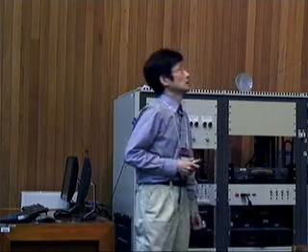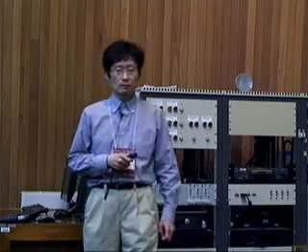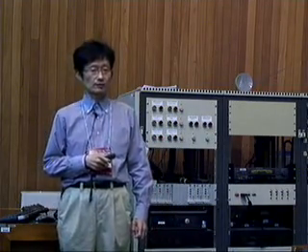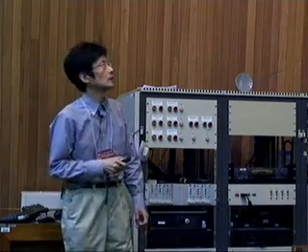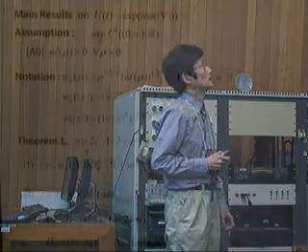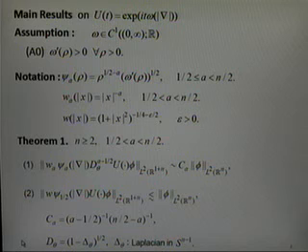The first part of my talk is on L2 type or Kato type estimates. Here capital U is a free propagator, and again we assume that ω is a real-valued function of ρ, and ω' is positive definite.